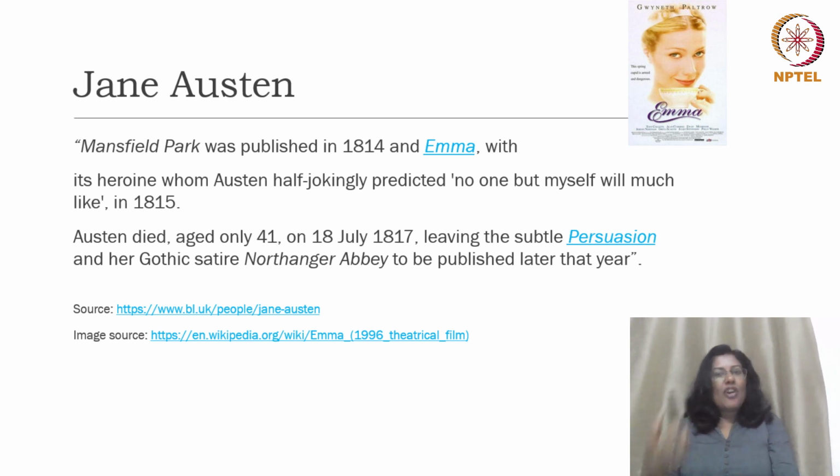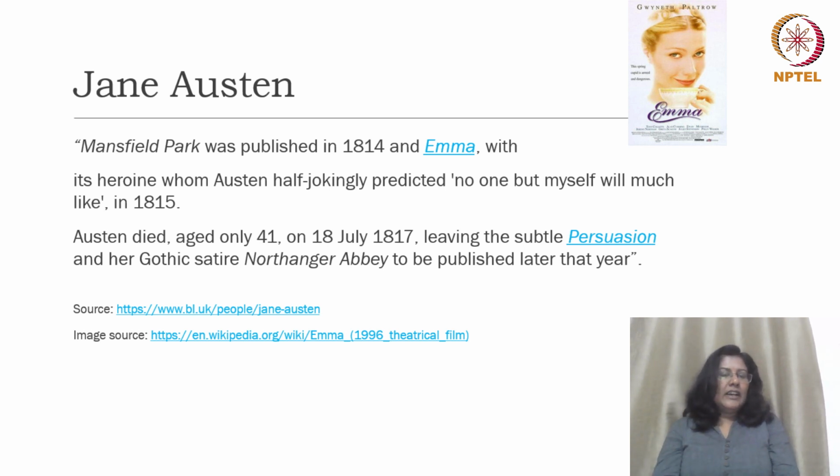Emma discusses the egotism of the central character and the plans she comes up with to manage the society of which she is a part. So it's a very interesting novel in that regard. It's a very mature novel, and as I said, it's a favorite with the author.